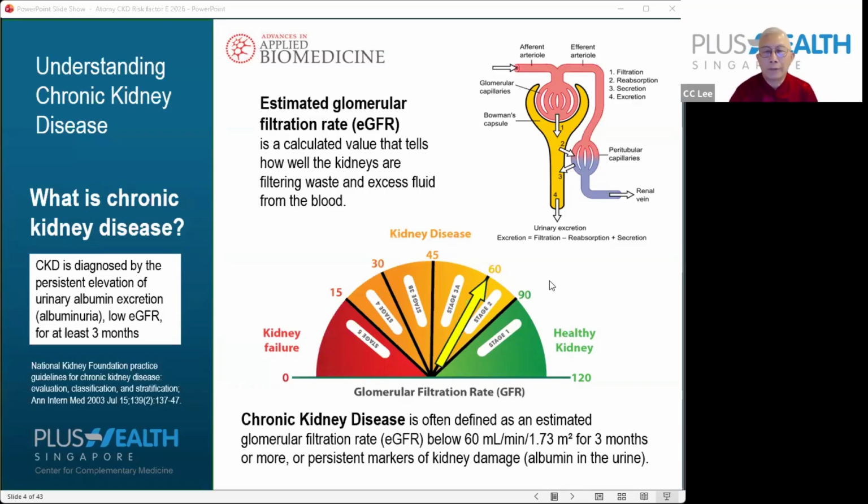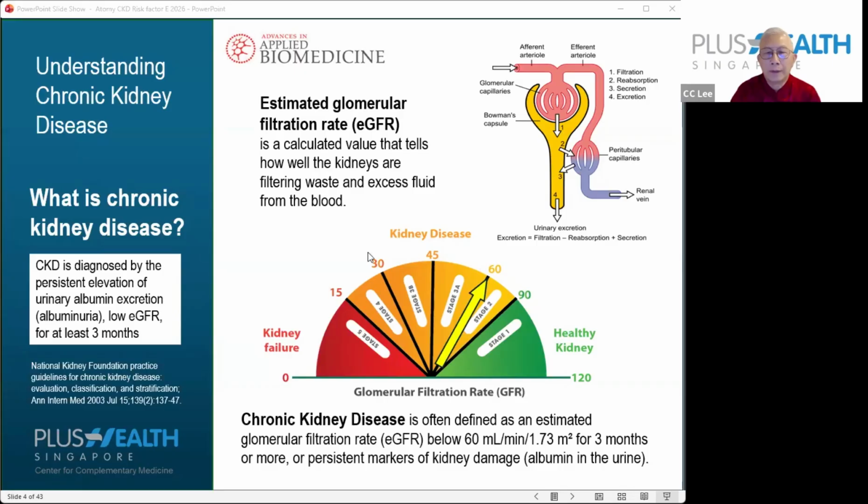Then if your eGFR is between 60 and 90, we consider that you are in CKD stage 2, chronic kidney disease. And if your eGFR is 45 to 60, your CKD is considered stage 3A.